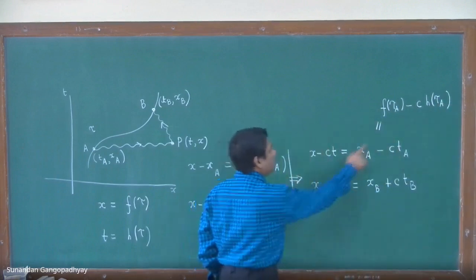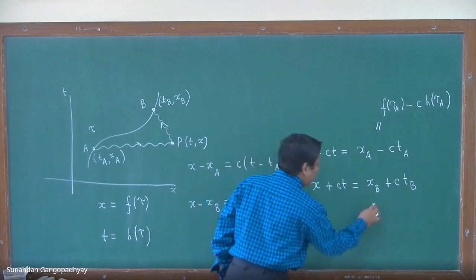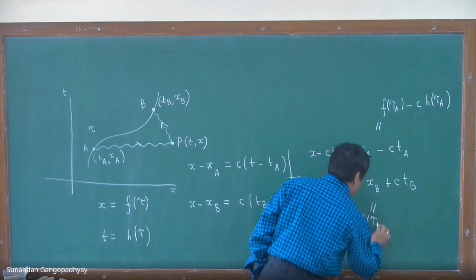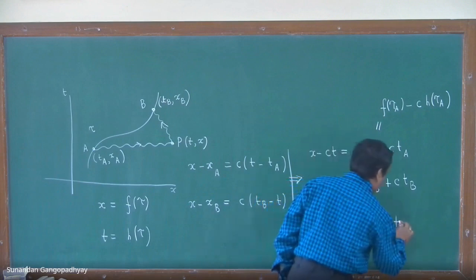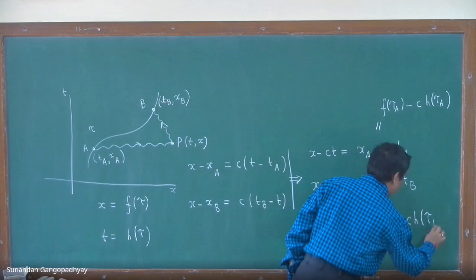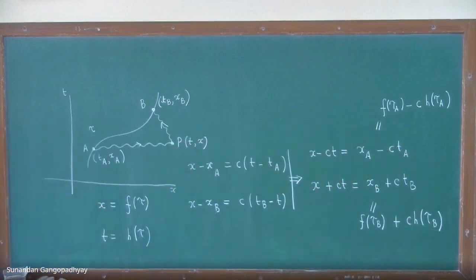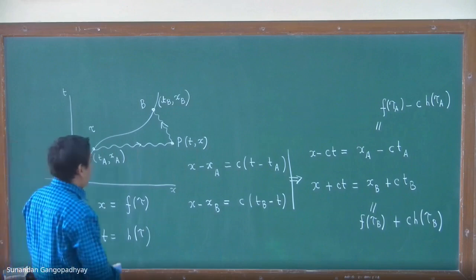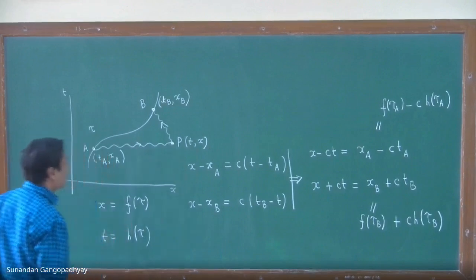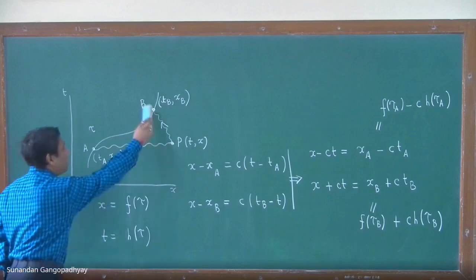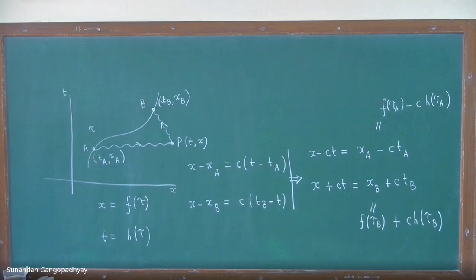So x minus ct is basically this, and this is xb, so this is f of tau b plus c times h of tau b. Okay, so this is what we have already got earlier from this consideration. And the only physics input, if you note, is that these paths are connected by light signals, and that is the way you get these equations.